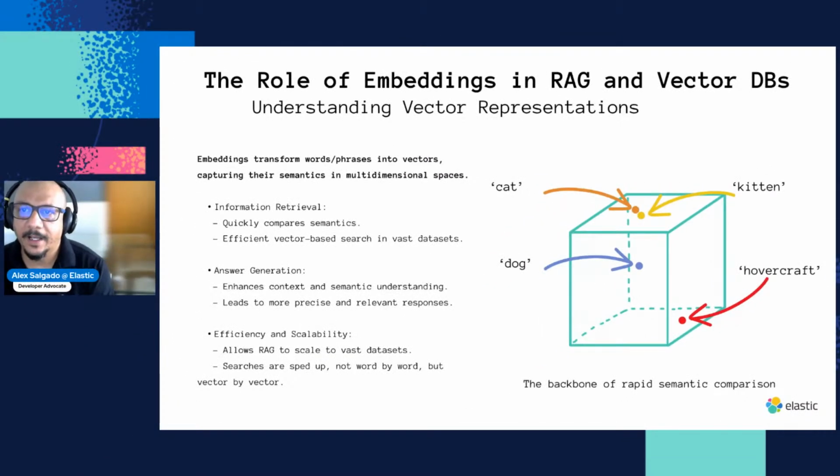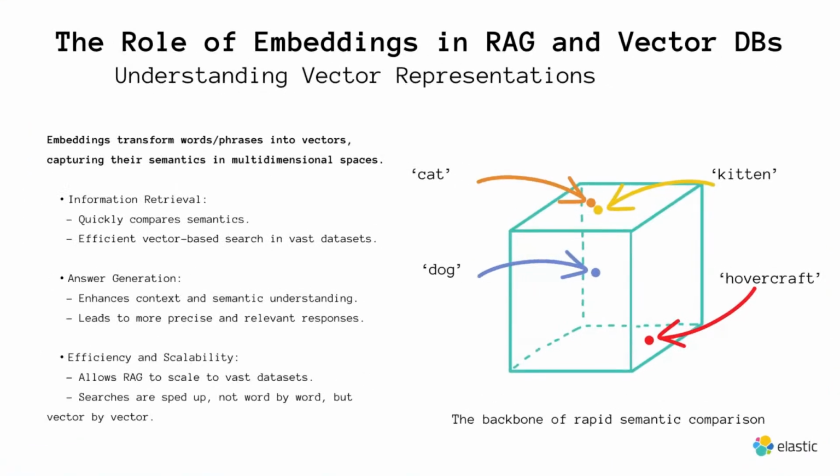And the main element in this architecture is what we call embeddings. These are vector representations of words, phrases, video, images, in a semantic and multidimensional space. For example, here we have a 3D representation of some words, and you can see that semantically related words are plotted together in different dimensions.